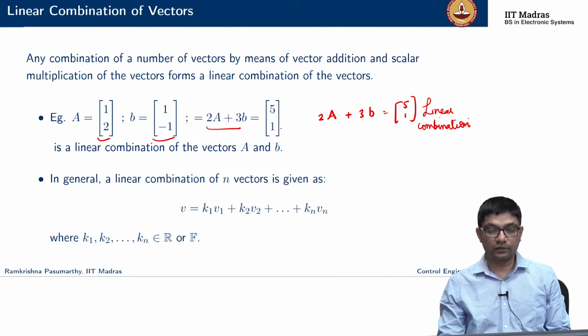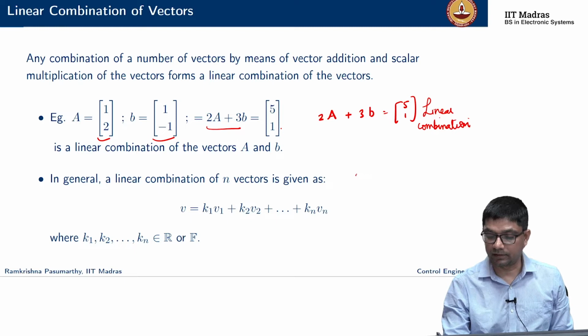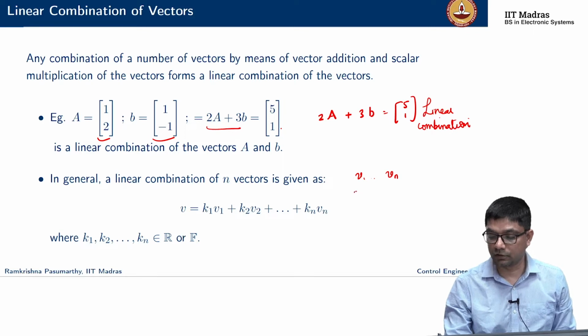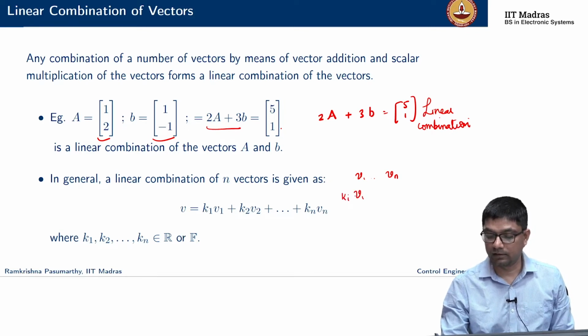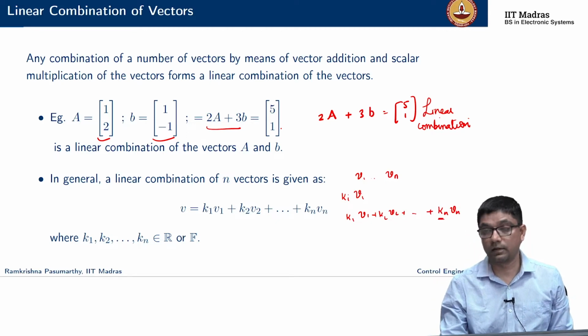Okay, so in general, if I have k vectors, let me call those vectors v1 till vn. A linear combination would be in such a way that each of these vectors is multiplied by a scalar, right? So v1 is multiplied by a scalar k1, v2 is multiplied by a scalar k2, and so on until vn is multiplied by a scalar or a number kn.